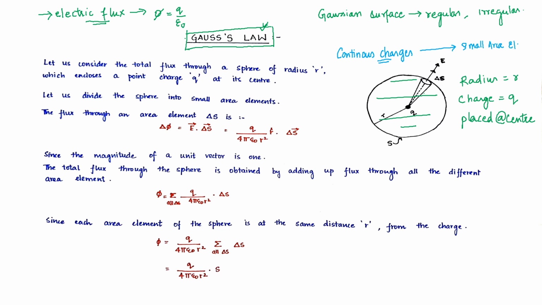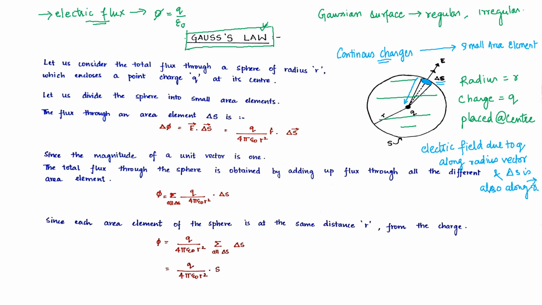So we can define continuous charges by taking a small area element on the sphere. This is the small area element which we have taken on the sphere, and the amount of small area element is del S. Electric field due to charge Q is along the radius vector, and del S is also along R. See over here, this is the radius.